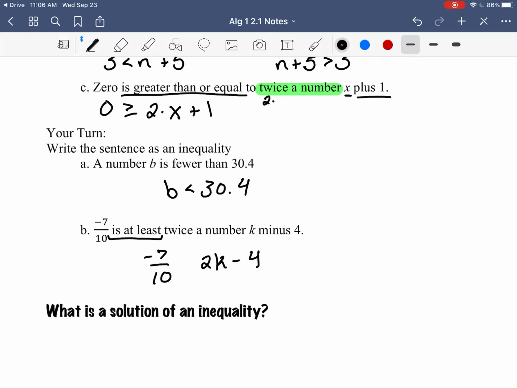If I say is at least, that tells me the smallest it can be is negative 7/10. This is the smallest it can be, so that tells me this has to be bigger than the 2k minus 4.